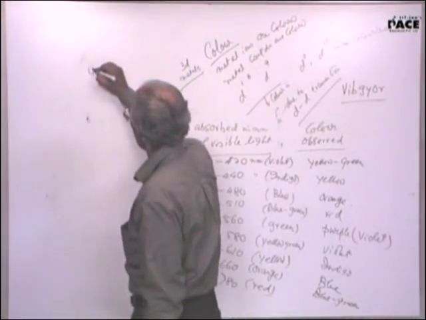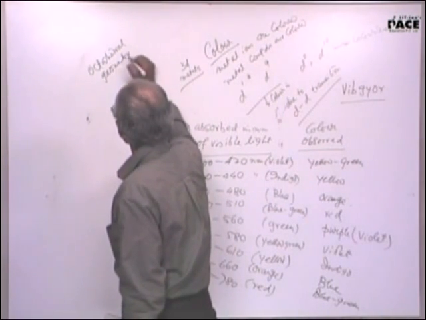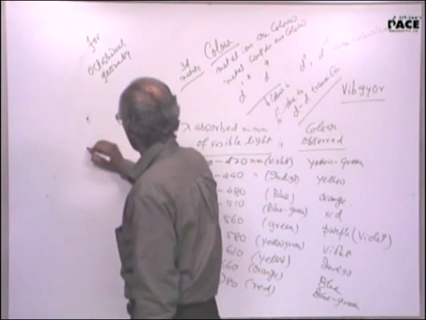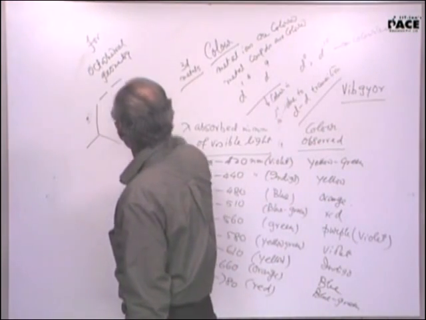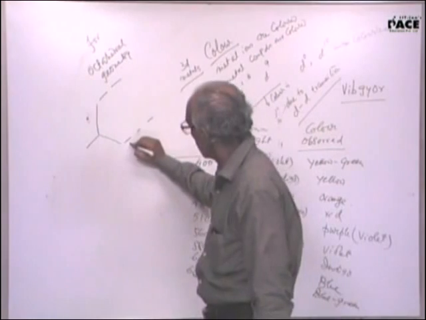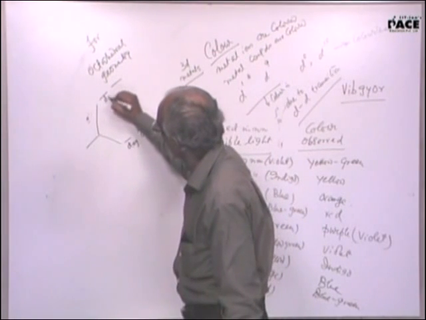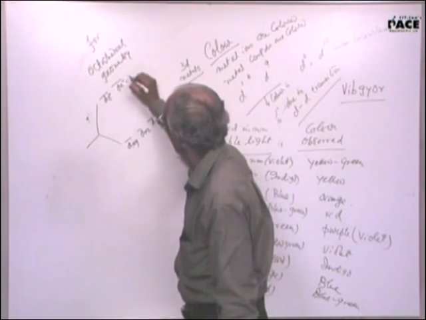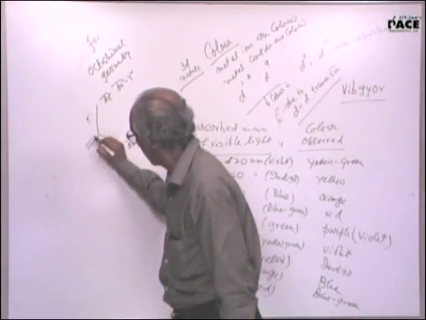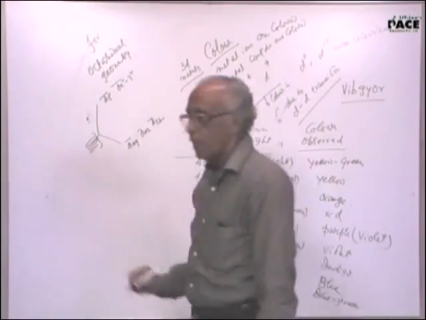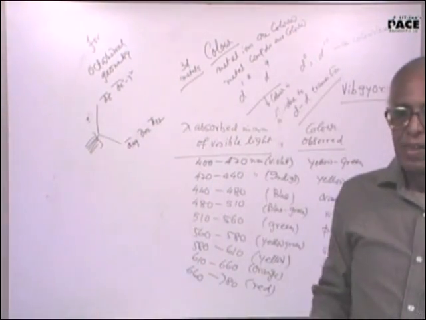If it is octahedral, you see the 5d orbitals, which were of equal energy, now split into two components, two groups.